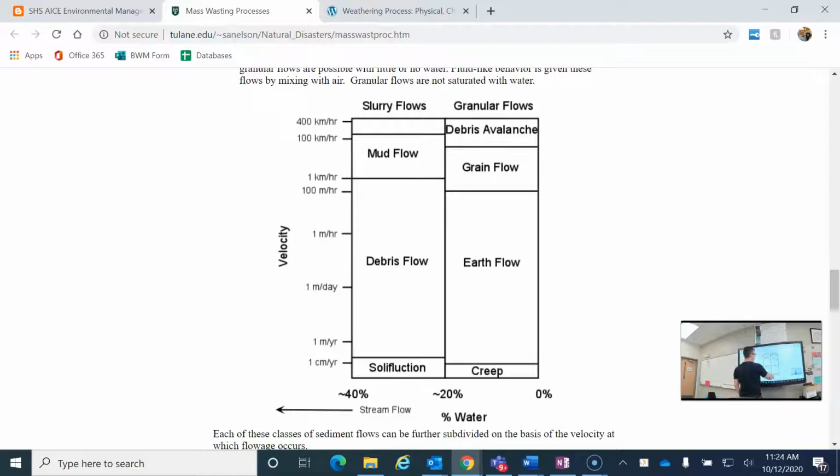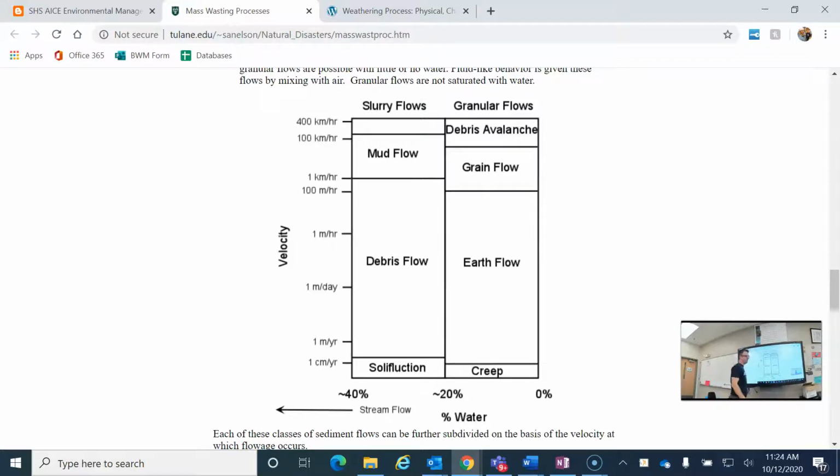Slow but dry is the creep, okay? You've got debris flows, which are most of your flows that are wet, but they're medium speed. Mud flows are going to be fast, and that's going to be your fast, wet flows. You've got earth flows, which are related to the debris flows, but dry, grain flow, and then an avalanche.